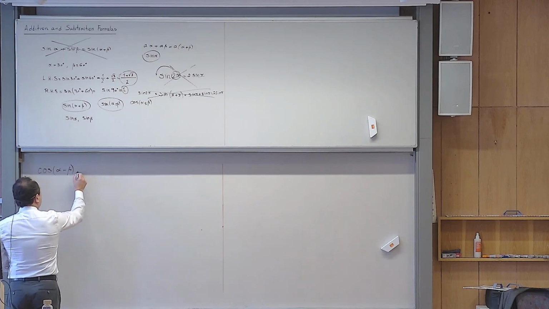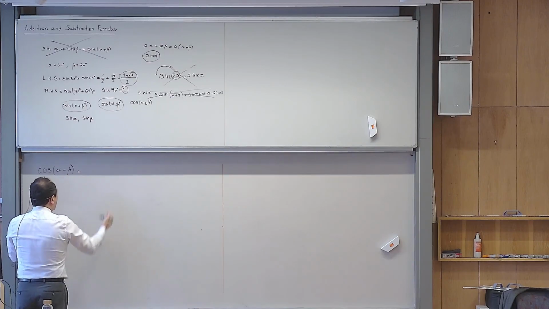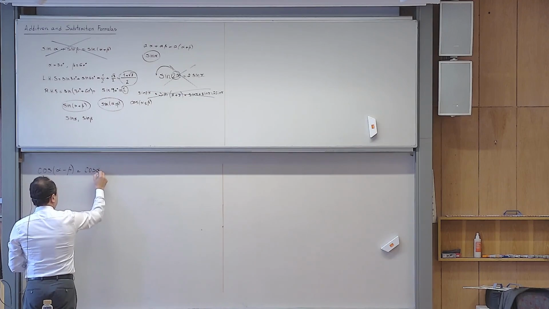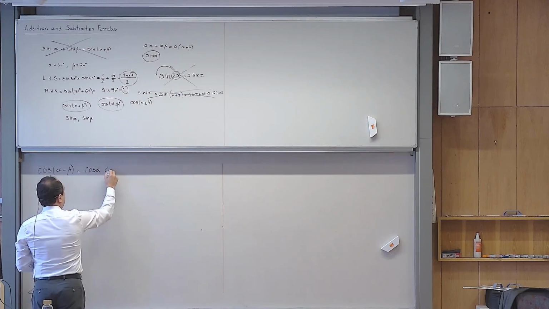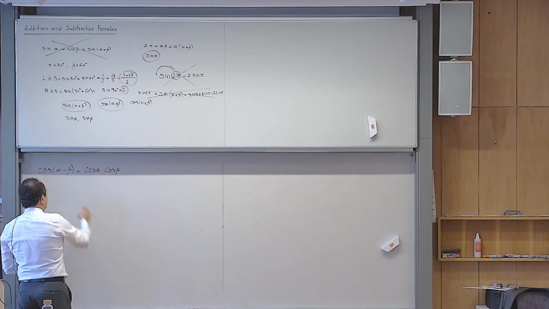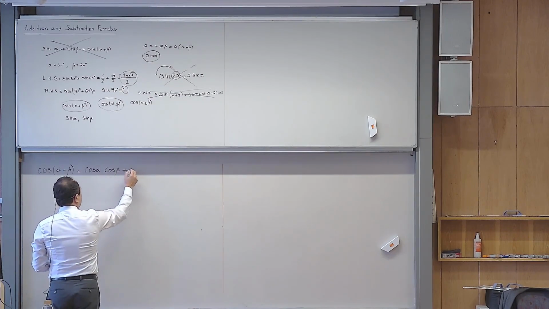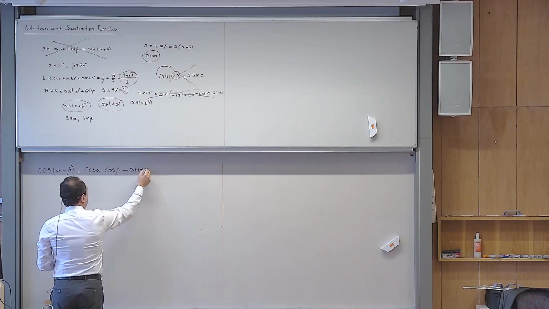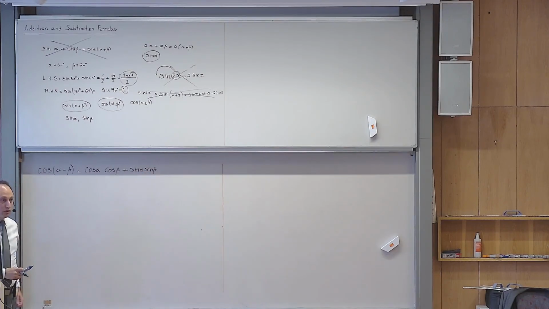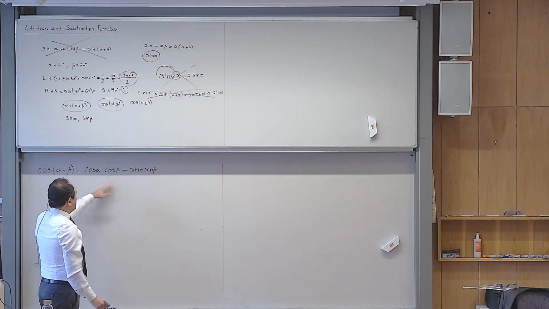The formula is not cosine alpha minus cosine beta. It's more complicated than that. It is cosine alpha times cosine beta, which is not natural at all. It's not trivial at all. Then plus sine alpha sine beta.